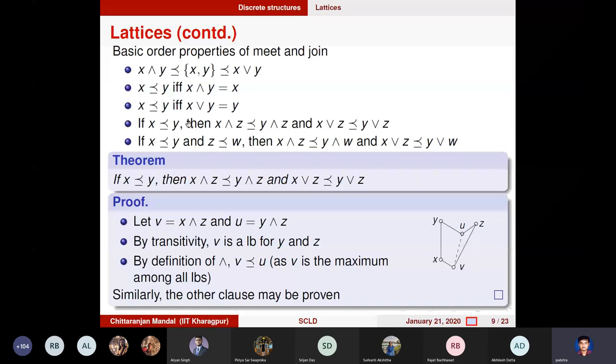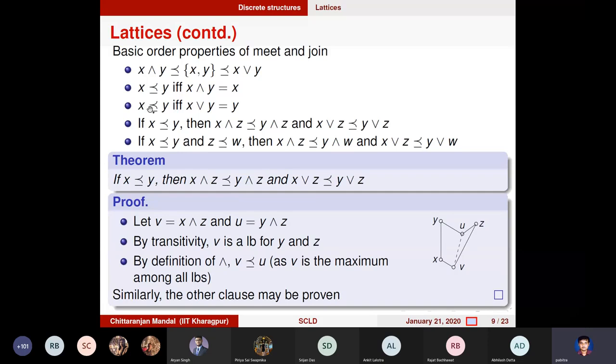Okay, and I said before that if x and y are comparable and x is less than or equal to y, then the meet of x and y is x itself, and similarly the join of x and y is y itself. In fact, this can be used the other way around also. Again there is a duality.